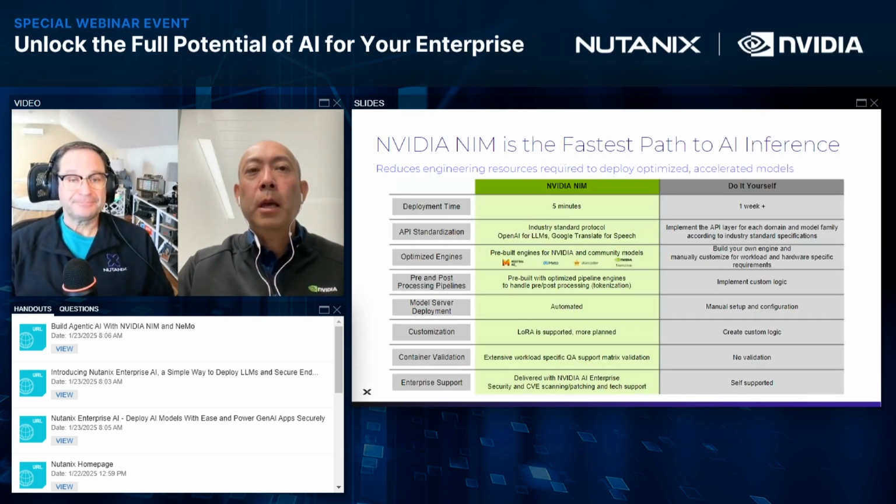Yeah. And again, we provide the fastest path to AI inference. We talked about the DIY AI builders. I kind of call them pro coders, if you will. They want to do every piece and have control of every piece. But we're seeing a lot of the newer AI developers want the easy button. They don't want to code.